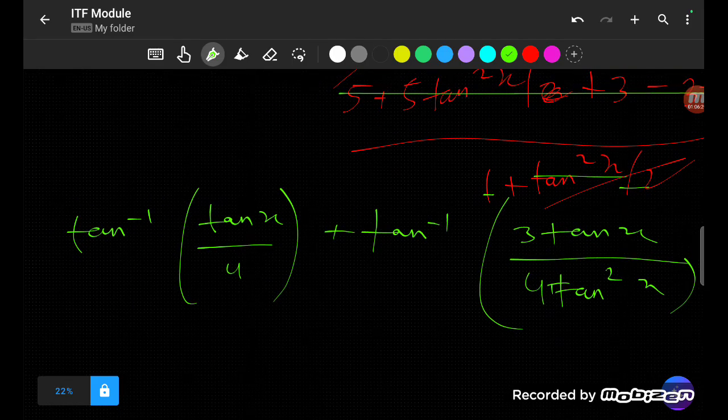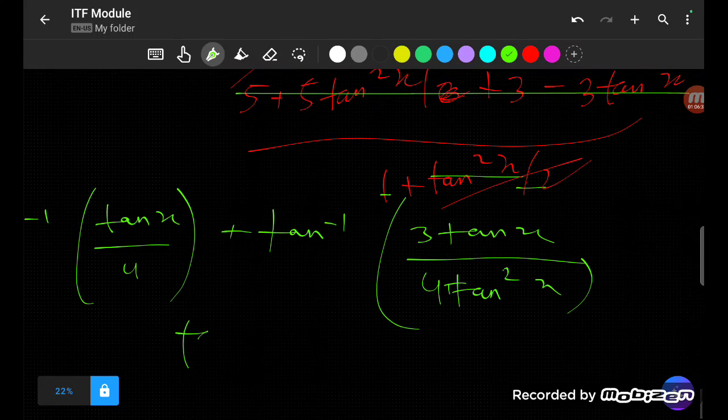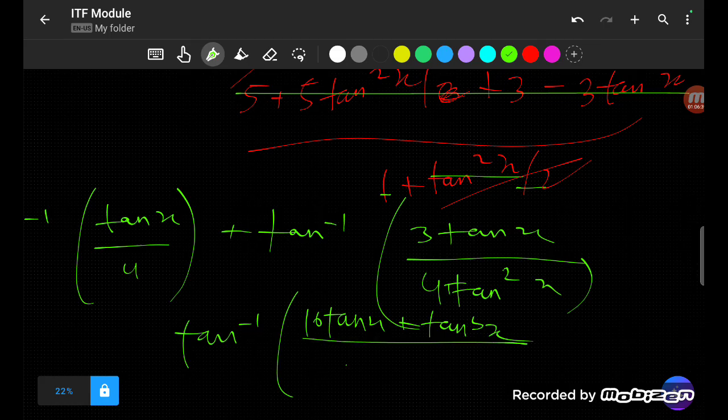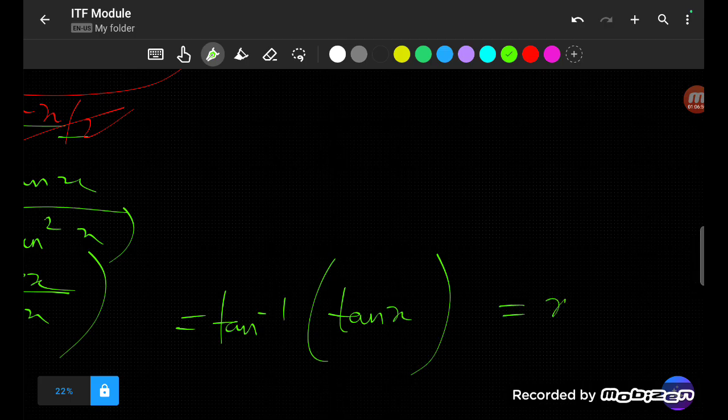If you actually solve this, you will get tan inverse 16 tan x plus tan cube x upon 16 plus tan square x, and then obviously you take tan x common, tan inverse tan x, and the answer is x. So that is the answer.